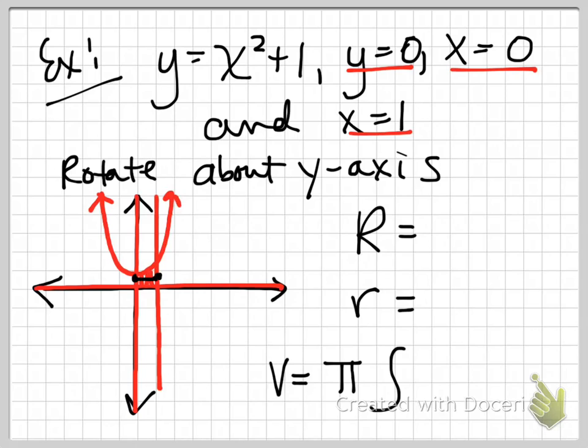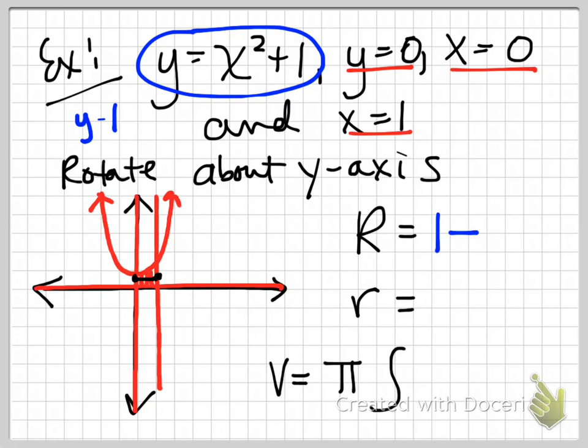Okay, so what I've drawn right now is the big radius. So this is 1 minus the curve, but this curve has to be in terms of x. So y minus 1 square rooted would give us x. So it's 1 minus the square root of y minus 1.